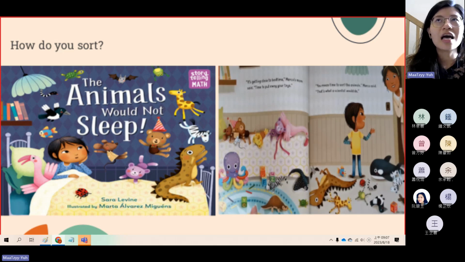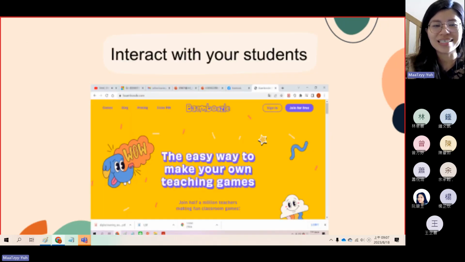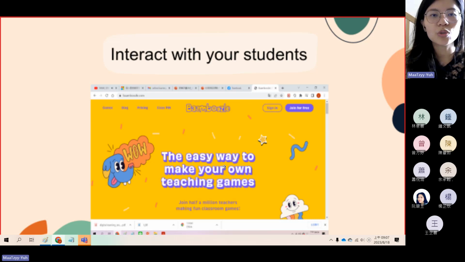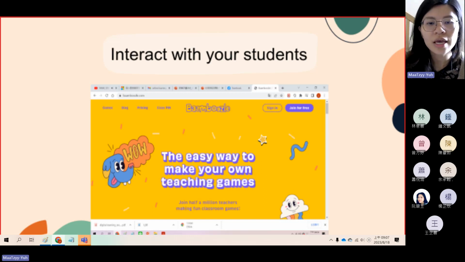So whatever you do, try to make things relevant to your students, and that will help them feel more willing to participate in your lessons, and also interact with your students, like what we just did using Bamboozle to get to know a little bit about your prior knowledge on students.